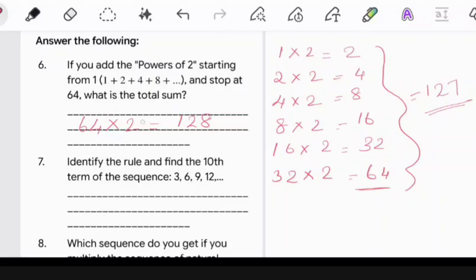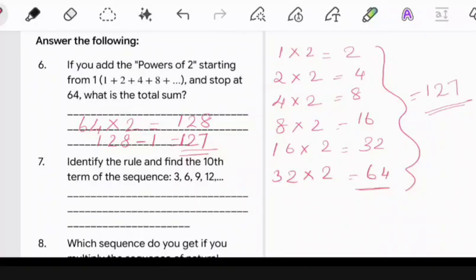After this, simply subtract 1 from it. So 128 minus 1 is 127. See, we got the same answer. So this is a very easy trick, also time saving.